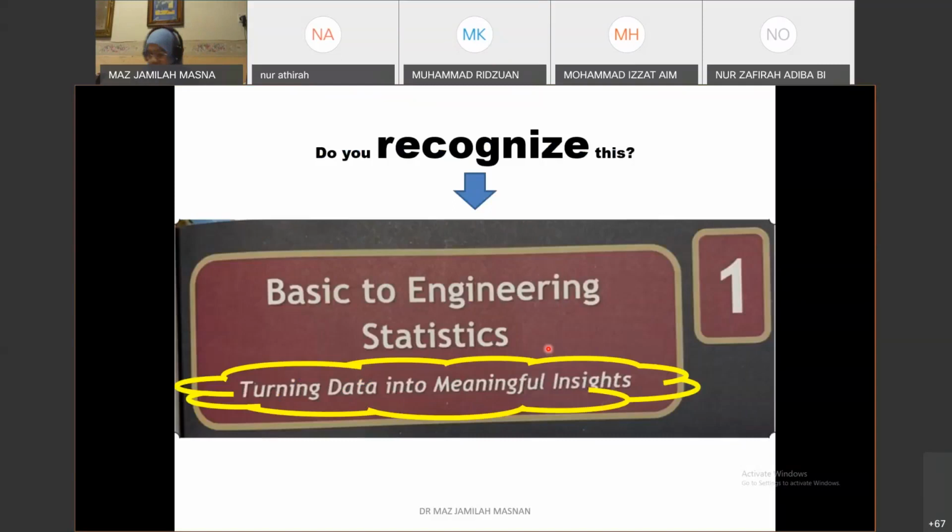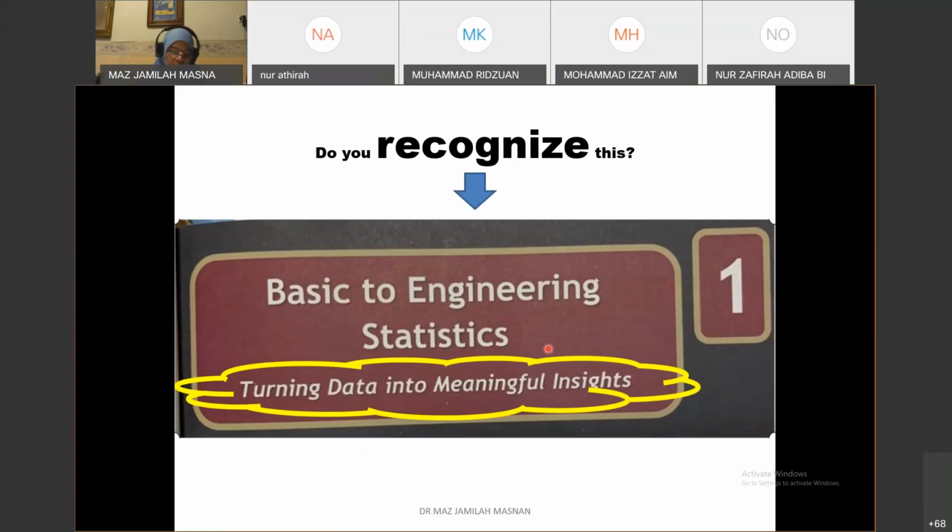Now, do you recognize this? Where can you find this, class? If you have your textbook, on the first page of your textbook, okay, you can see this particular slide.